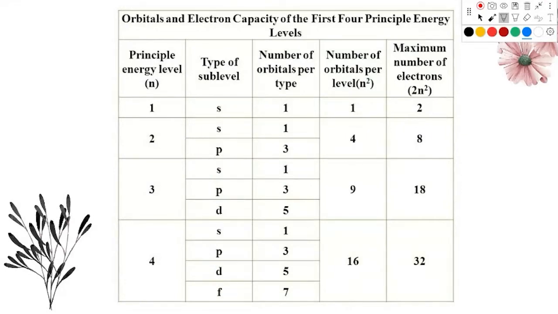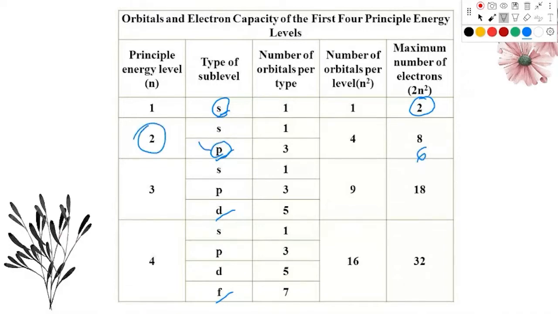In the subshells, we have S, P, D, and F. The maximum in S you can put is 2 electrons, and P has only 6 electrons, but it is in the second layer.